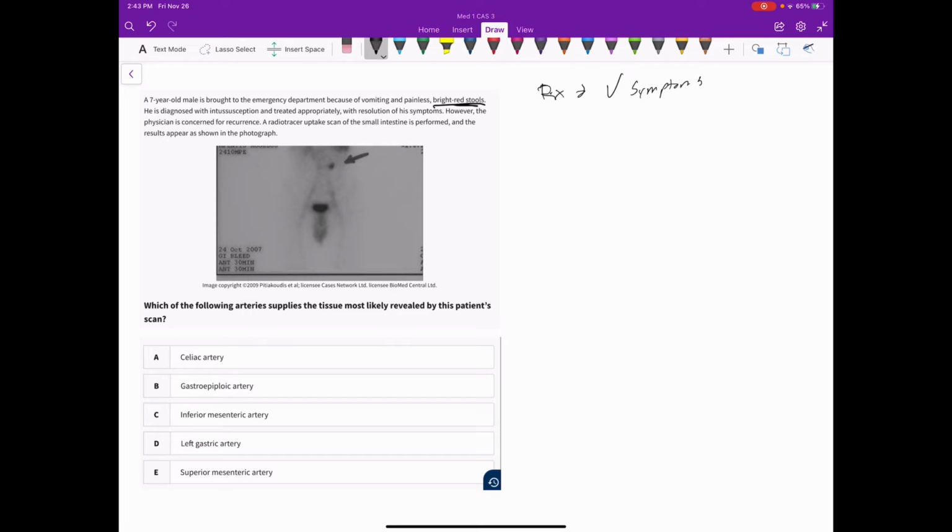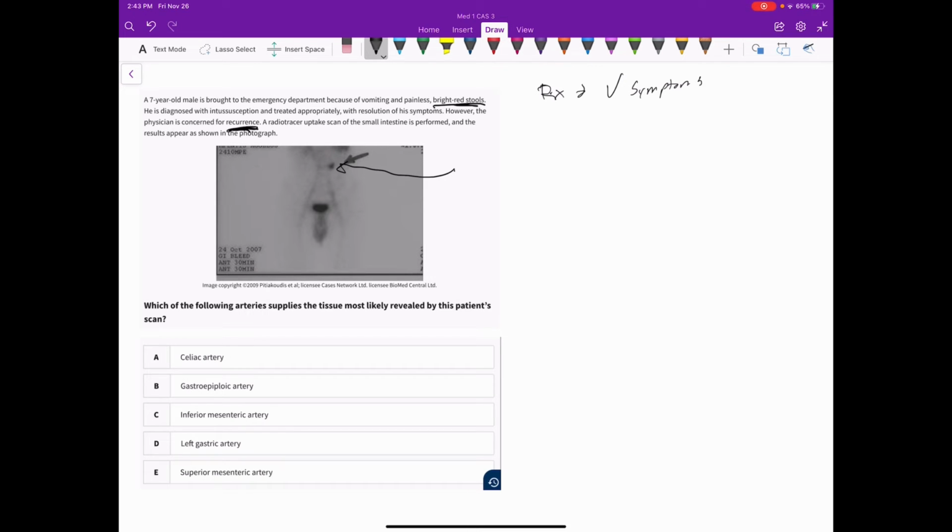However, the physician is concerned for recurrence, so they don't want it to occur again. A radiotracer uptake scan of the small intestine is performed, and the results appear as shown in the photograph. Okay, so this is where the problem is. Which of the following arteries supplies the tissue most likely revealed by this patient's scan?